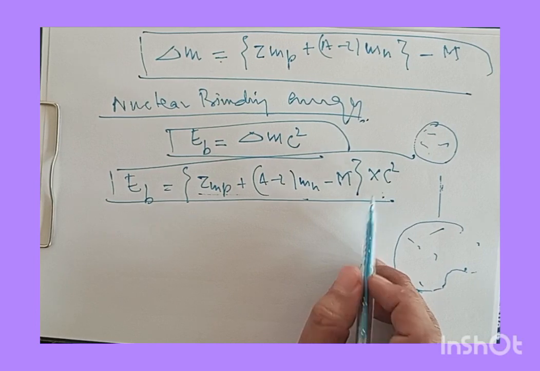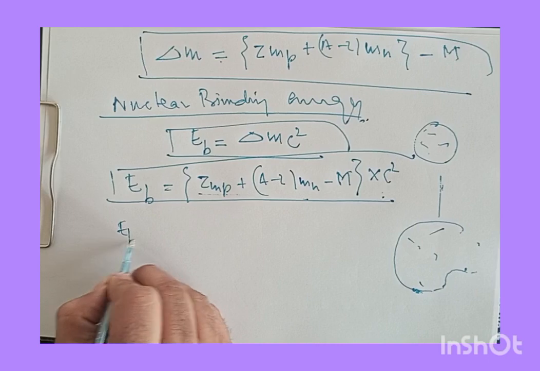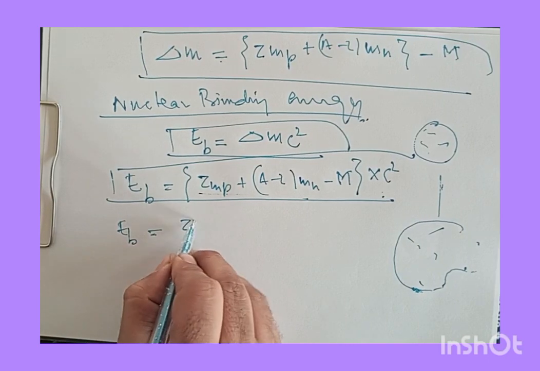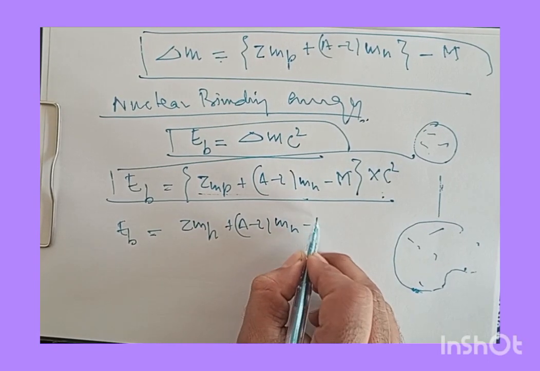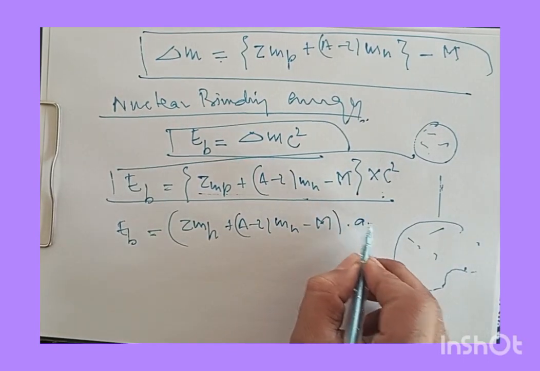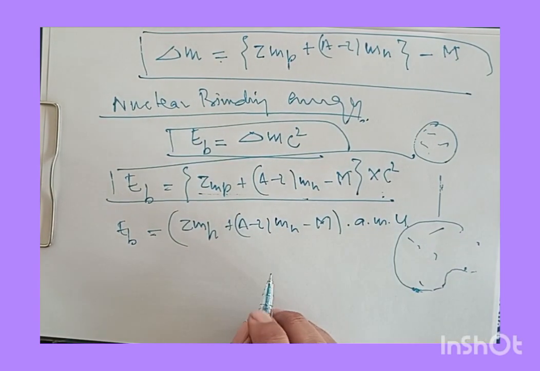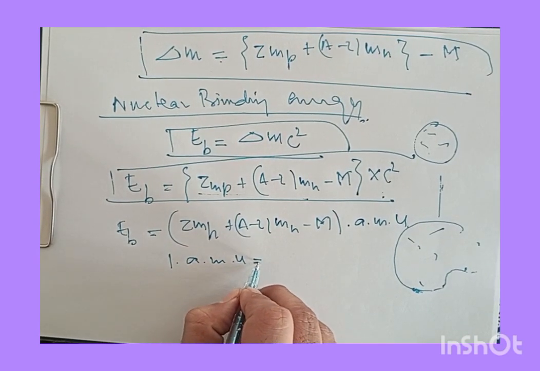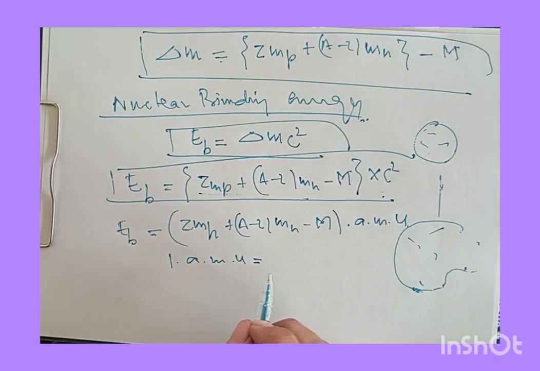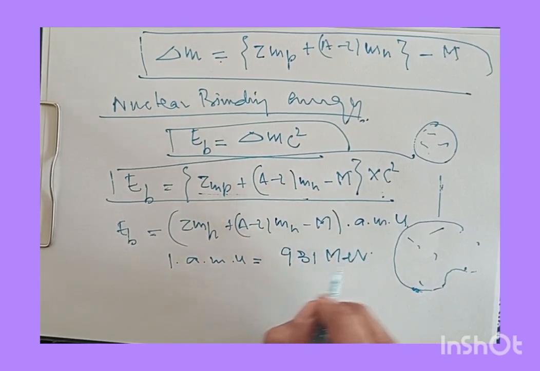So to write down this equation of binding energy in terms of atomic mass units, this EB will be simply (Z mp plus (A minus Z) mn minus M), with atomic mass in terms of atomic mass units. And we know that one atomic mass unit, which we have converted using the equation, is nearly 931 mega electron volts.